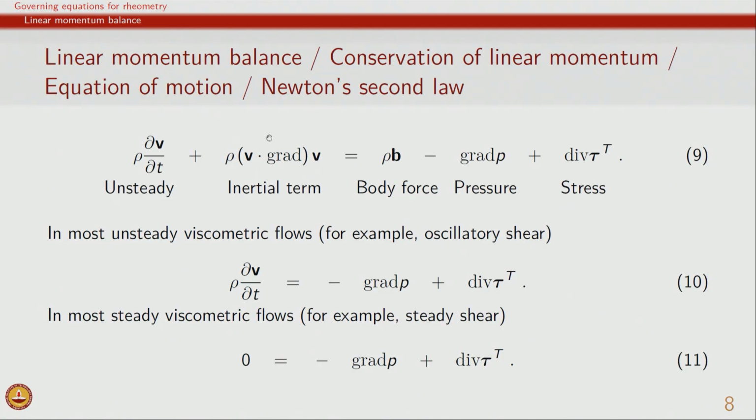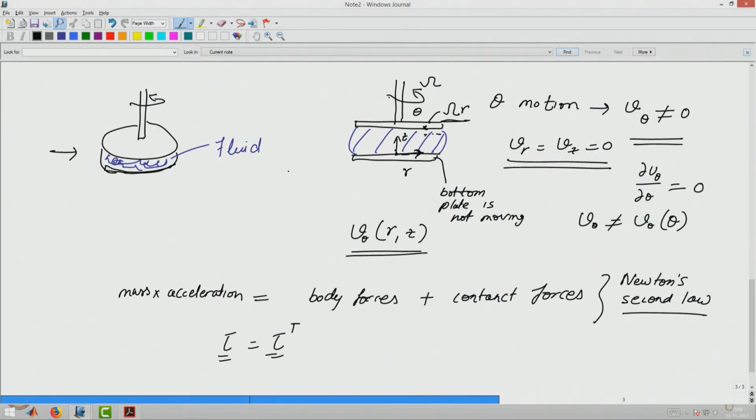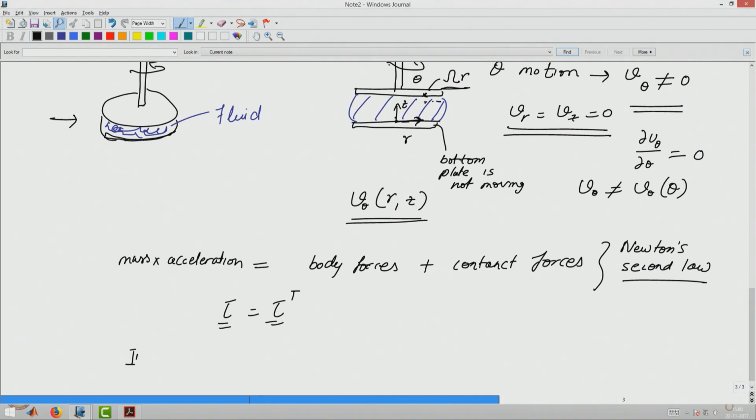And so, in general, the geometries are designed in such a way that inertial terms are negligible, and as we know, the inertial terms are defined based on the Reynolds number. Most often Reynolds number will be very low for rheometric flows.